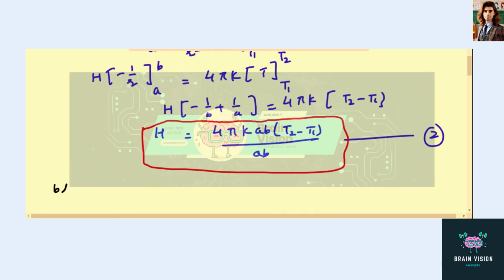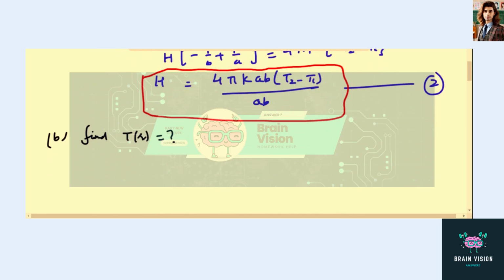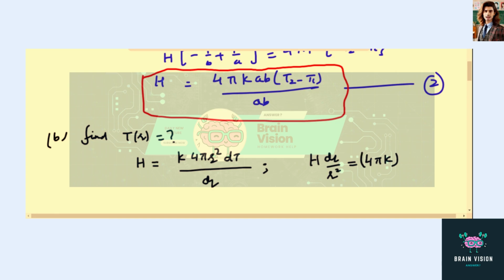Now in part B, we have to calculate temperature as a function of radial distance r. So if we consider the flow of heat between A to r, it will be H is equal to k 4 pi r square dT upon dr. So it can be written as H dr upon r square is equal to 4 pi k dT.